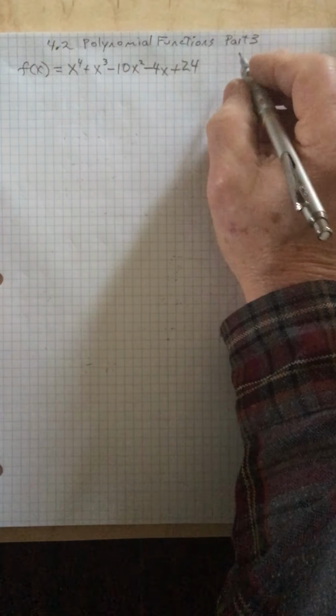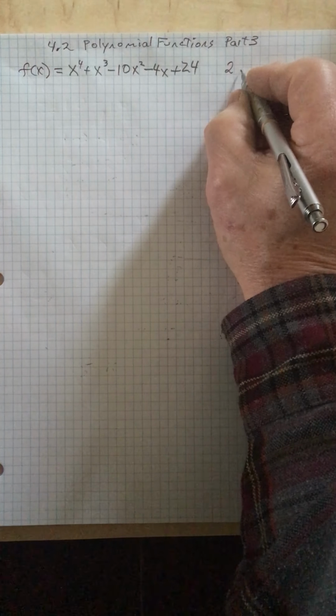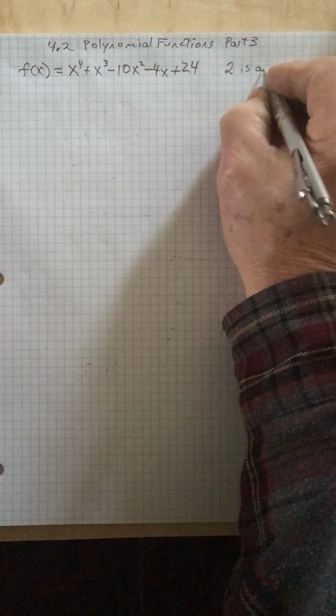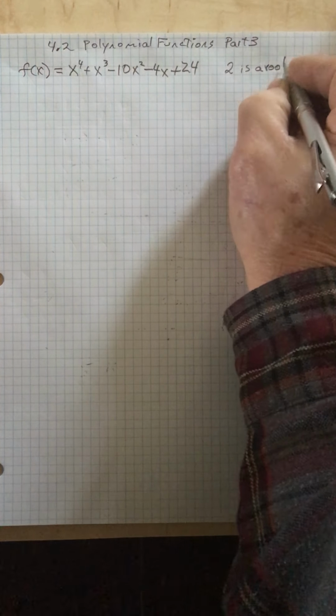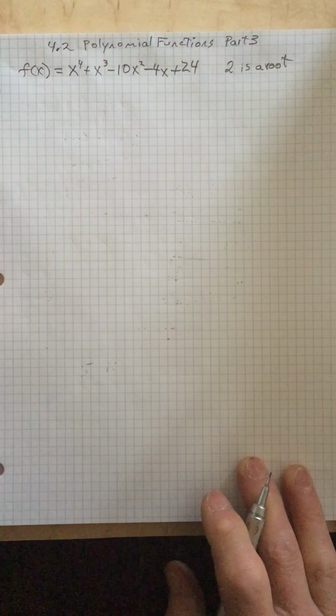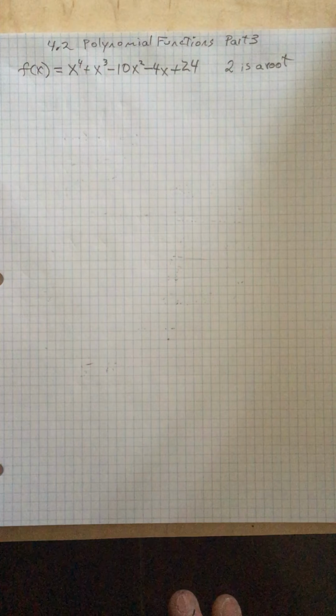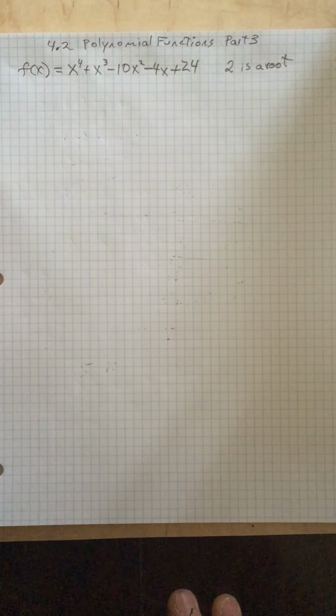But fortunately, we know that 2 is a root. Usually somebody gives you that, or you may suspect, and you could test it, but we're going to take it for granted that 2 is a root. We've been given that.